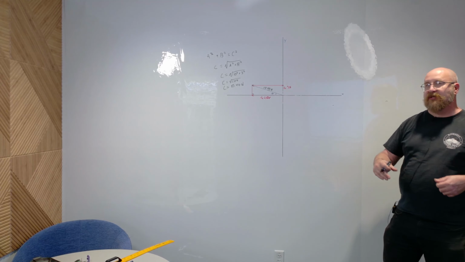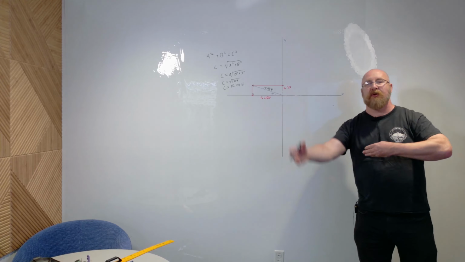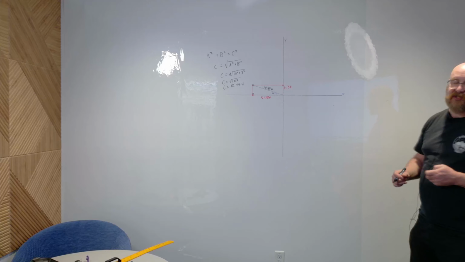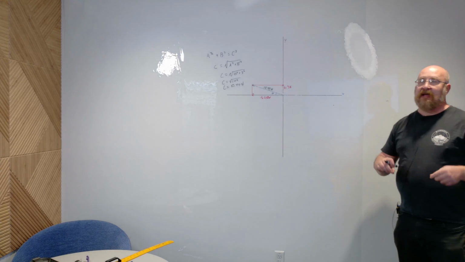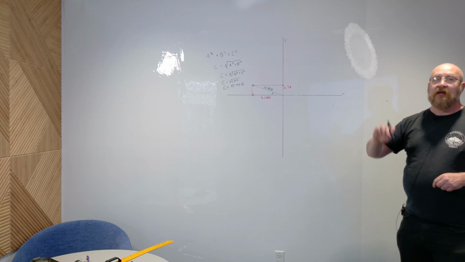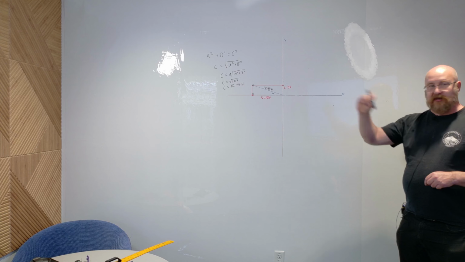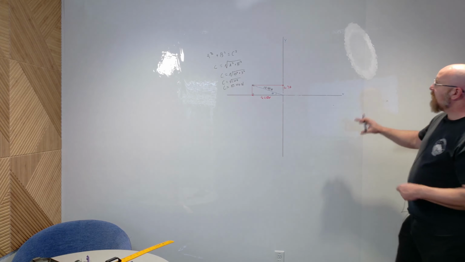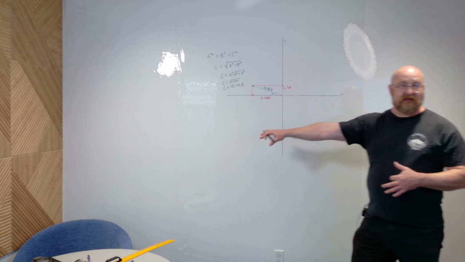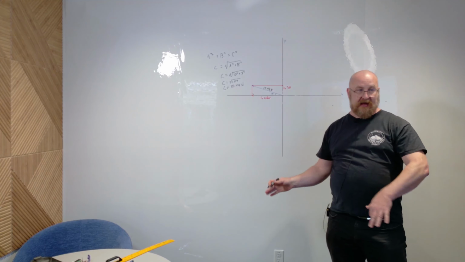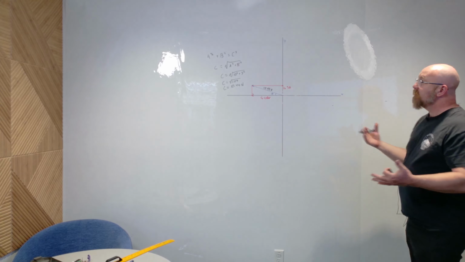It's just working through it backwards. On your calculator, usually by hitting a second function, you'll find tan to the minus 1, or cosine to the minus 1 or sine to the minus 1. Because we know all three sides, we can use any one of them, but we haven't used tangent yet, so we'll use tangent.